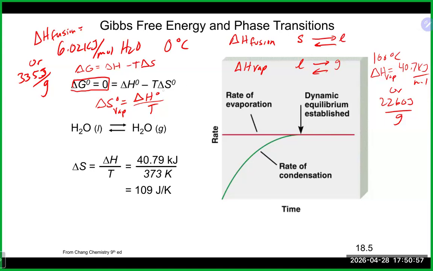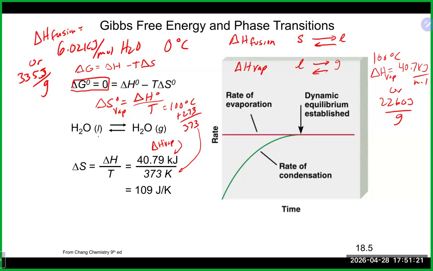Now, what is this delta H? Well, if we're doing this transition going from liquid to gas, that happens at the normal boiling point, which for water is 100 degrees, and if you convert it to Kelvin is where the 373 comes from down there. And this is the heat of vaporization, which is the energy for liquid water to do so.